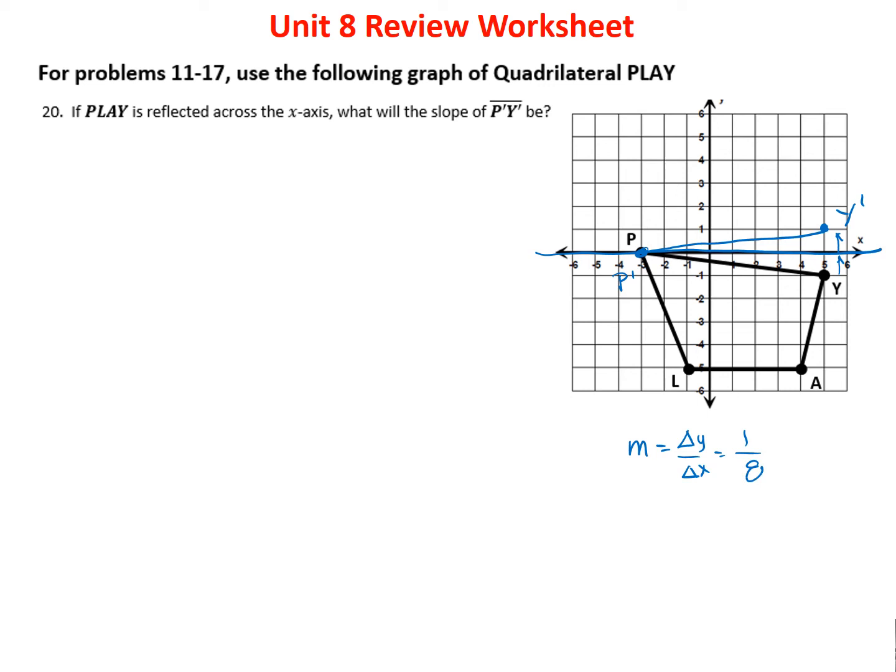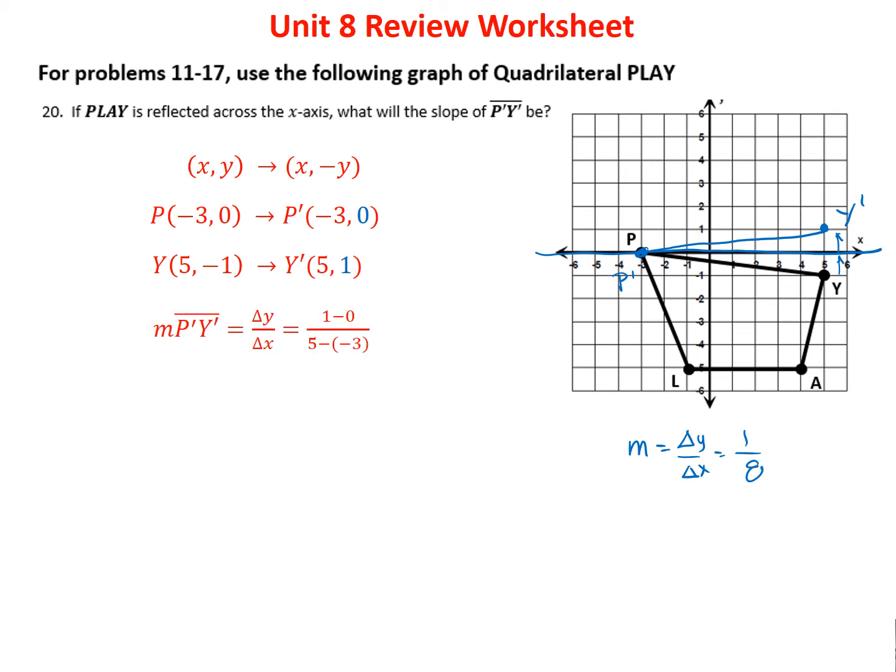But let's do it now with the notations. And notice reflecting over the x-axis means that y changes. So minus 3, 0 stays the same because the negative of 0 is 0. So just like we saw, P and P prime are the same. And then Y, 5, minus 1 becomes 5, positive 1, as we saw here, Y prime.